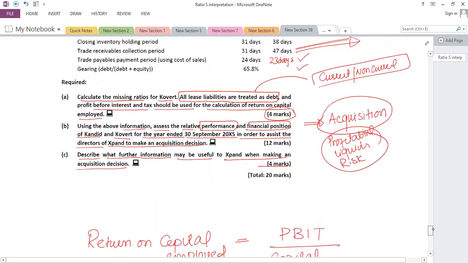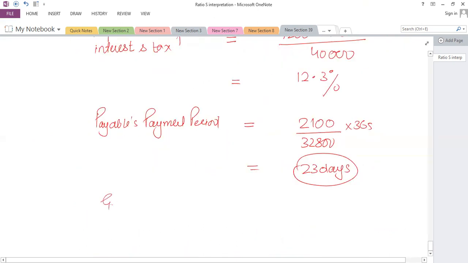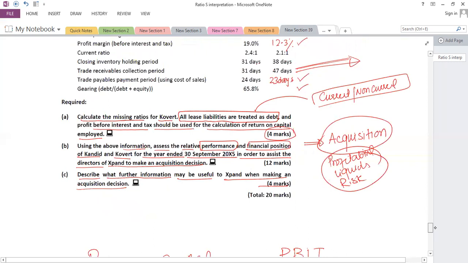Now the next and last ratio is gearing ratio. The formula has been given: debt divided by debt plus equity. So the long-term debts, they said to include lease liability as debt.